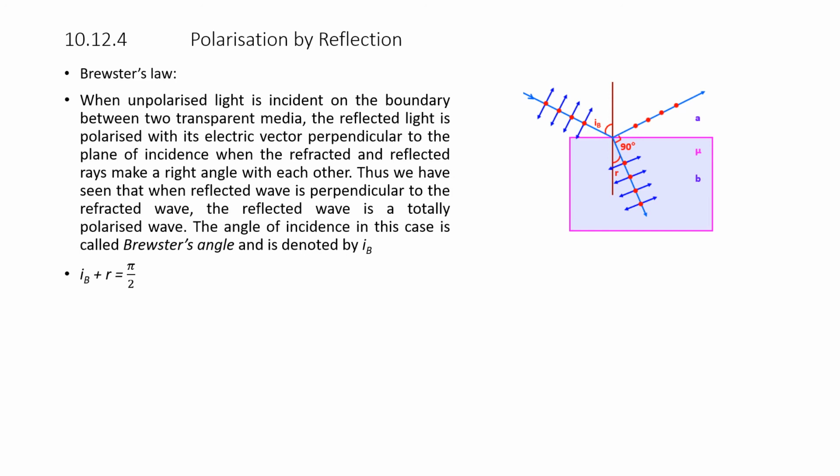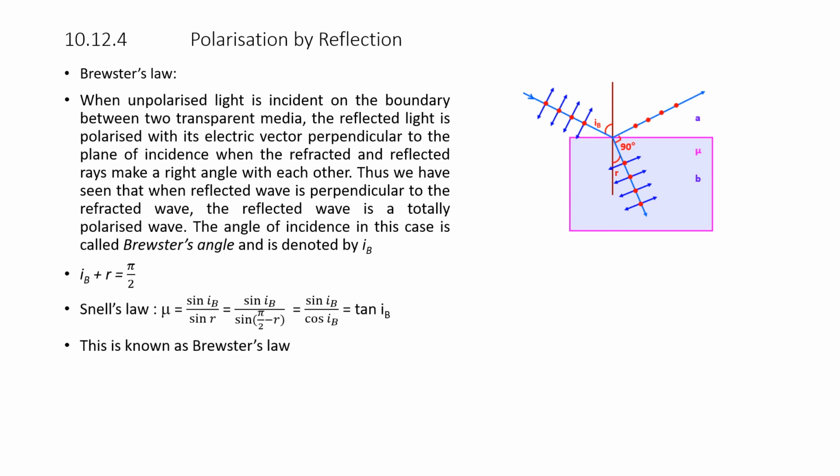Therefore, the angle i b plus the refracted angle r is equal to pi by 2, that is 90 degrees. From Snell's law, we know sin i b by sin r is equal to mu, the refractive index, that is sin i b over sin of pi by 2 minus r.